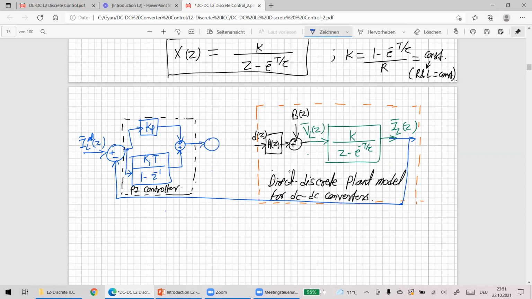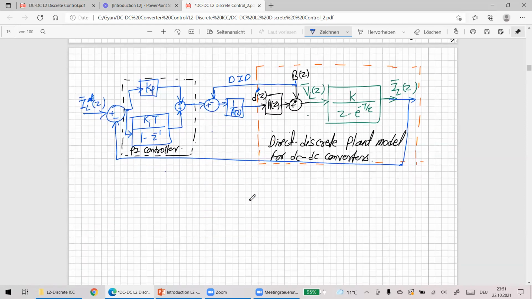And now we do the disturbance input decoupling. So this is our disturbance input decoupling, DID, and we multiply with the inverse of A of Z, and hence we get our reference duty cycle, which goes to PWM implementation, and then everything works fine. So this is how our current controller looks in discrete time domain.